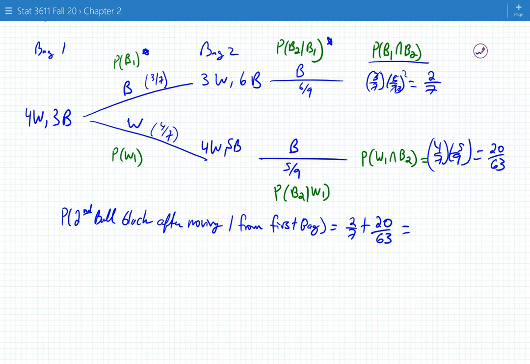And with a common denominator of 63, 2/7 is 18/63, so that'd be 38/63. 38/63. All right.